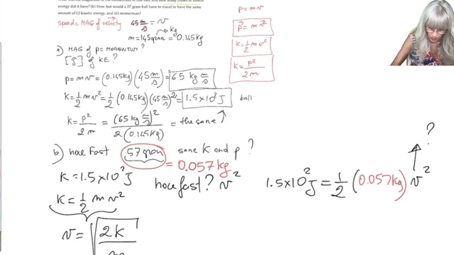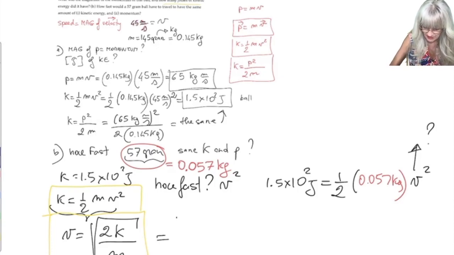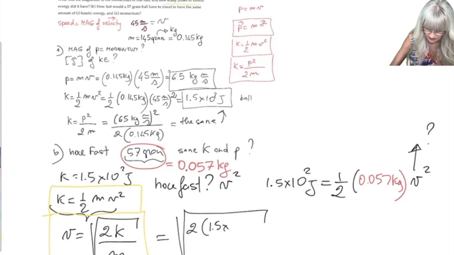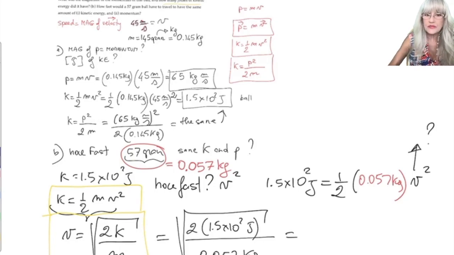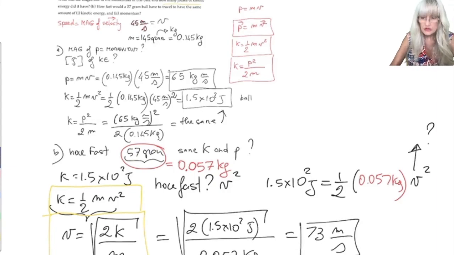So perhaps you want to also keep this equation together with K. So basically, I'm going to already solve it: twice the kinetic energy and the mass. Final answer, this 57-gram ball, which is much lighter than the one before, will be traveling at 73 meters per second.